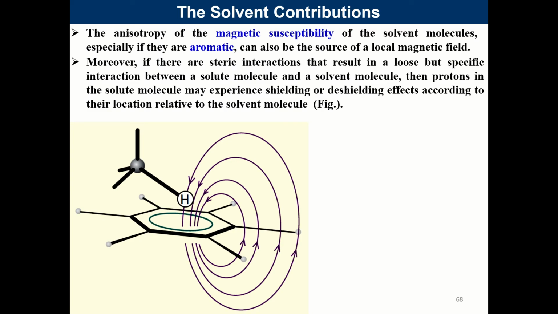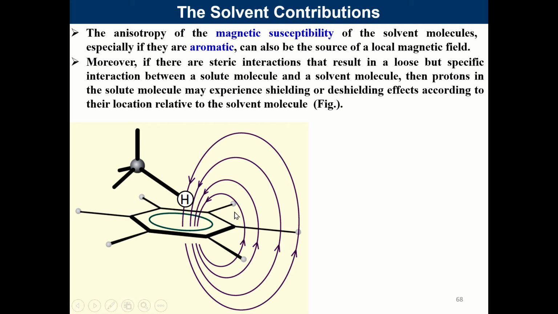And when you have an aromatic ring solvent such as benzene, it depends on whether the solute nucleus lies in the plane of the ring, then it has a de-shielding effect.